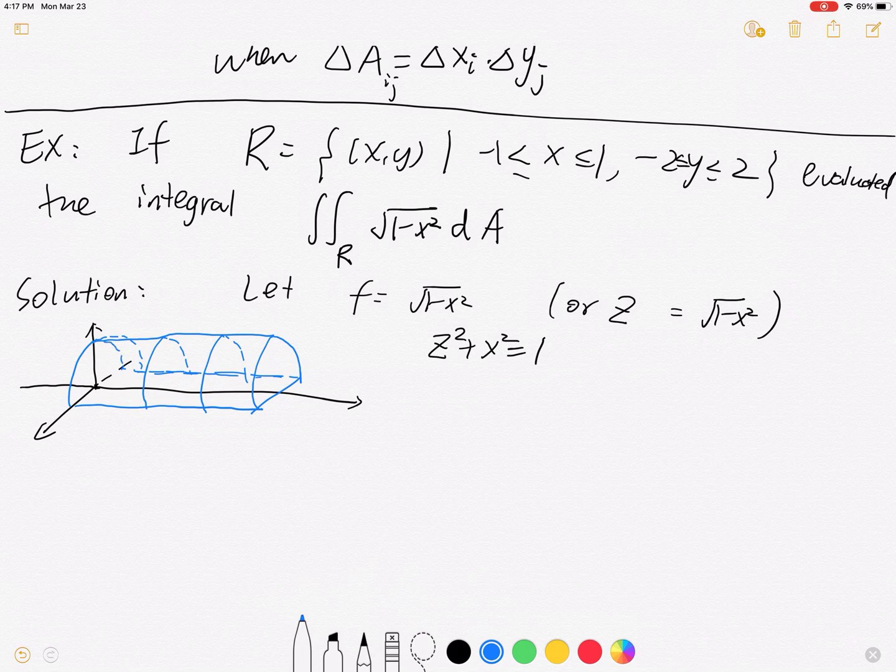In my bad drawing, sorry. And also extend to the negative y direction. So it's a circular cylinder, half of the circular cylinder.